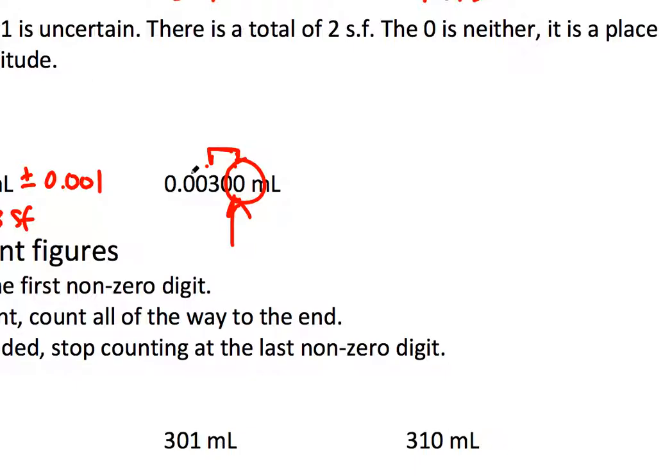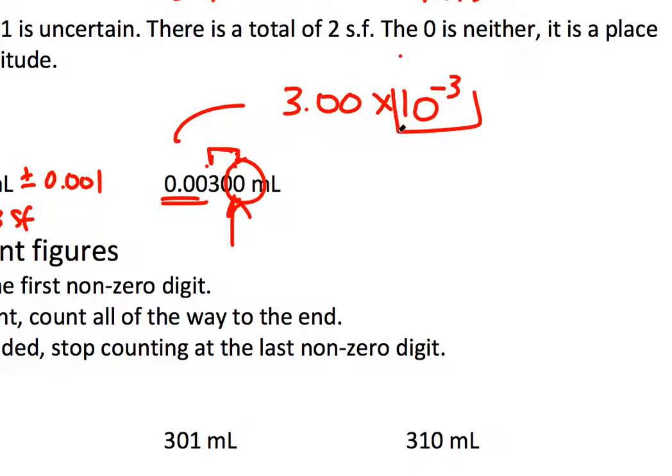So one thing I could tell you is, let's say we converted this to scientific notation, 3.00 times 10 to the minus 3. See how these zeros can just disappear into this, okay? So what matters is this part right here. I can always convert this to liters or micrometers, microliters, or some other unit that will give me a different number.